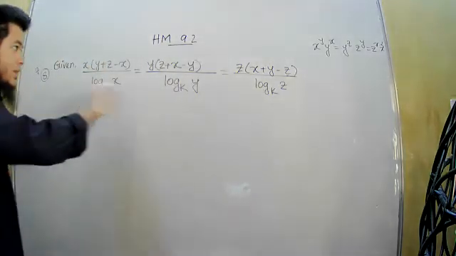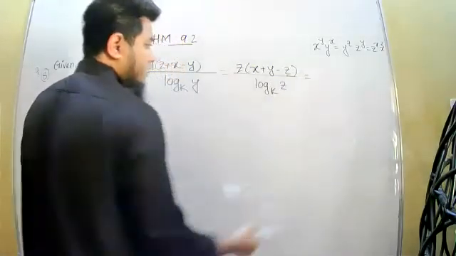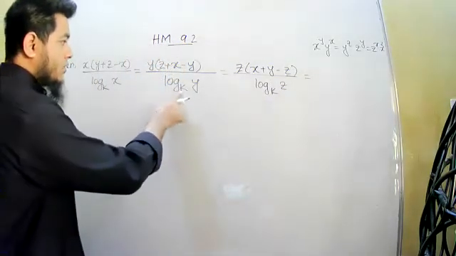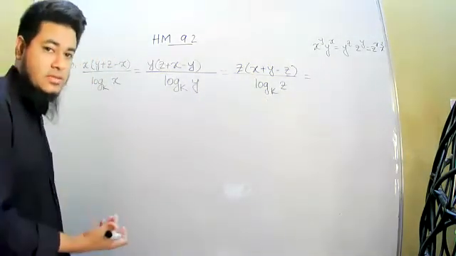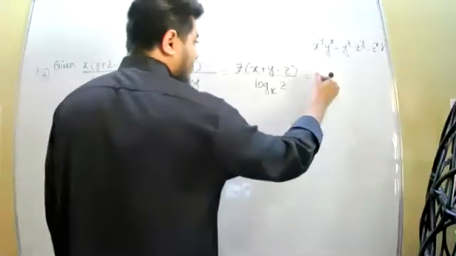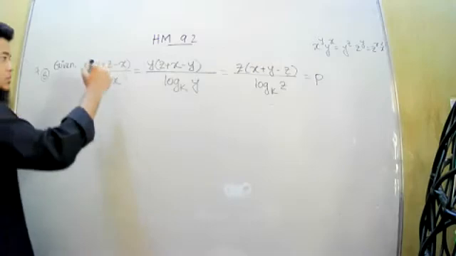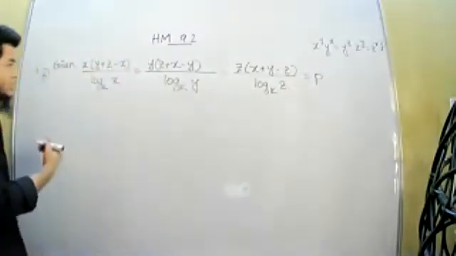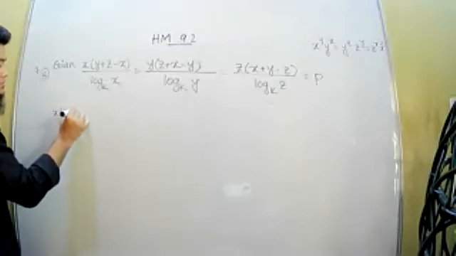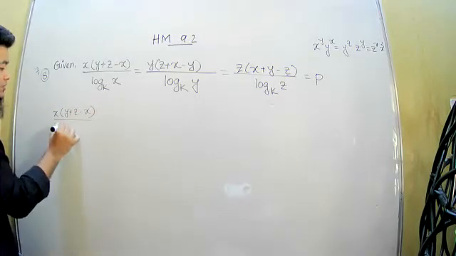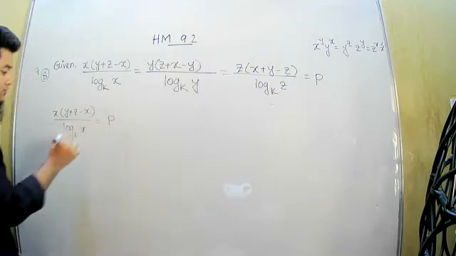You know that whenever we have a situation like this, we consider it equal to k, but we already have k here, log k base, right? So we have to consider something else. Okay, so let us consider it p. So from the first one, if I write it equal to p, then what I will get? x into y plus z minus x divided by log k base x is equal to p.